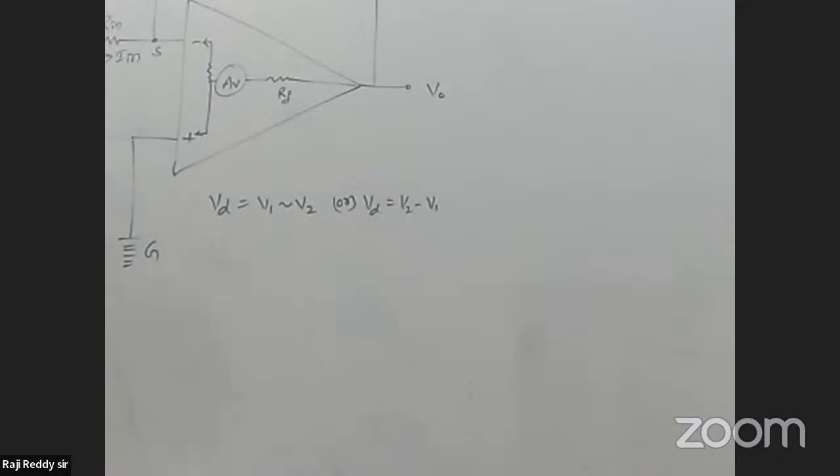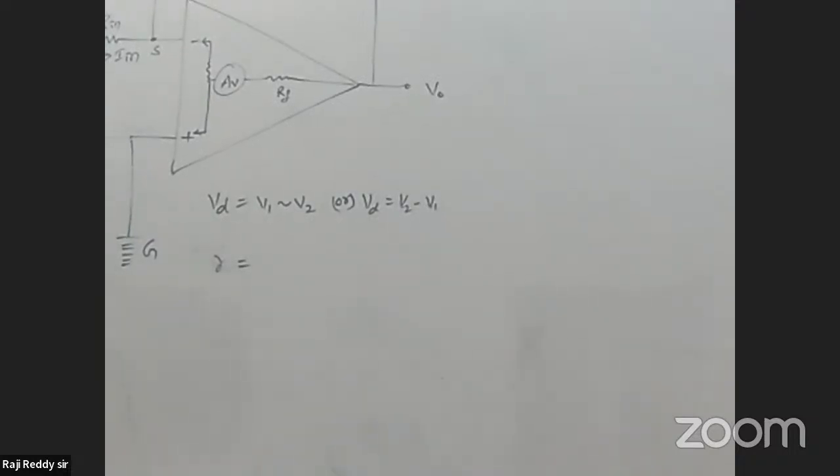Next you can calculate the input resistance, nothing but impedance. The combination of the two components is called the input resistance. V is equal to IR, I is equal to V by R. The labeling part is important.